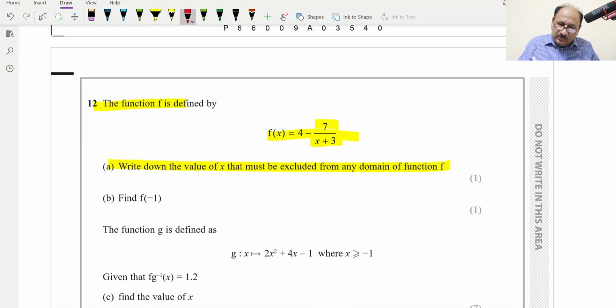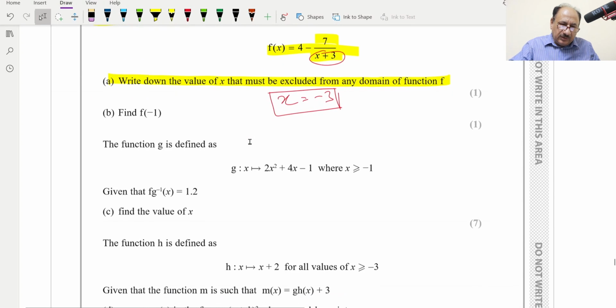We know that the denominator should not be 0, so x is equal to -3. This value should be excluded from here, and then find f of -1. We can replace x with -1 in this.